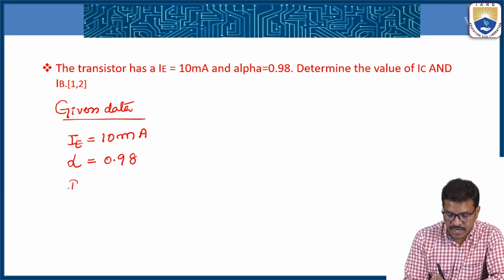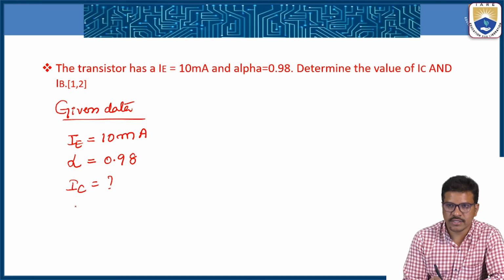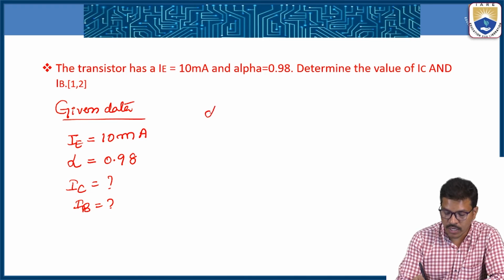So is there any relationship between IC, alpha and IE? Yes, there is. So let us see that one. We know that the common base configuration current gain alpha is equal to the output current, collector current IC, divided by the input current IE. This is the relation.